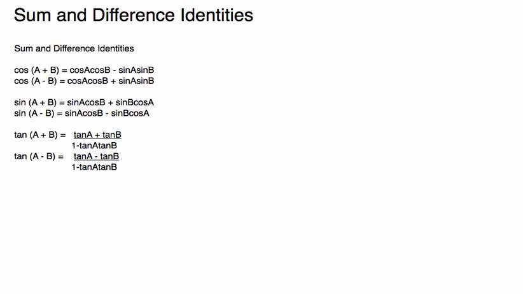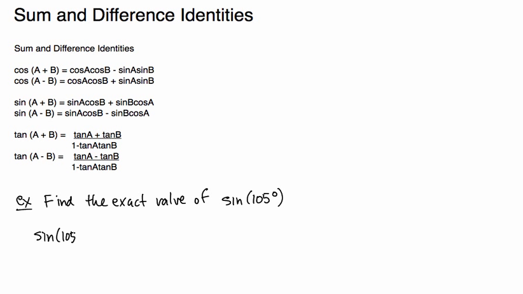So let's start off with this one. We want to find the exact value of sine 105 degrees. Well, it turns out sine 105 isn't one of our special triangles, but it is very similar to some of our special triangles. Sine 105 degrees can be thought of as sine of 60 plus 45 degrees.